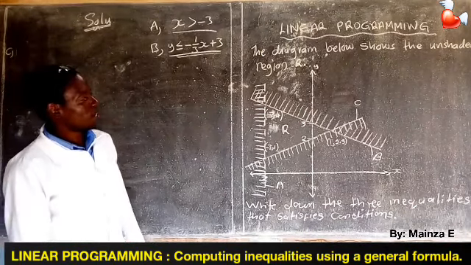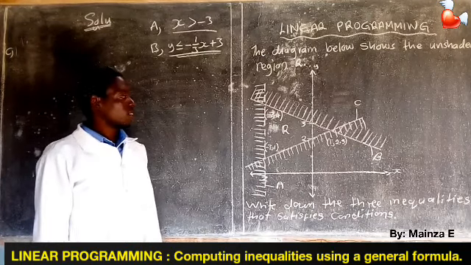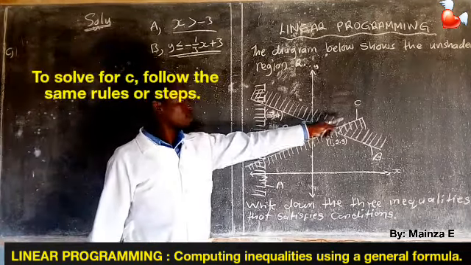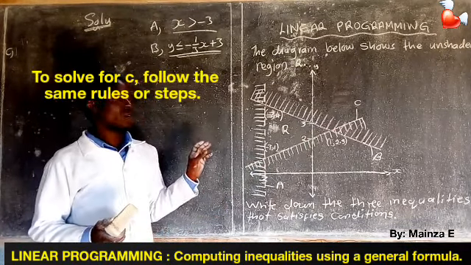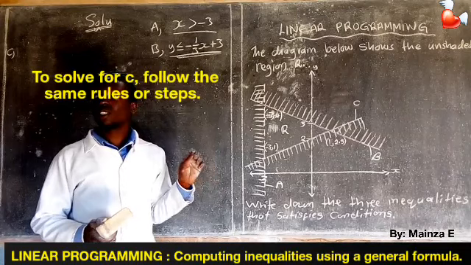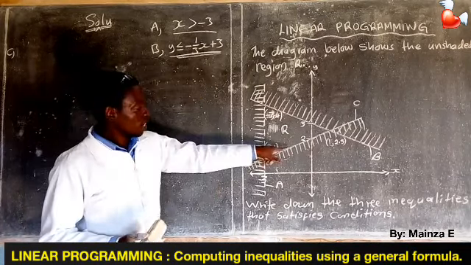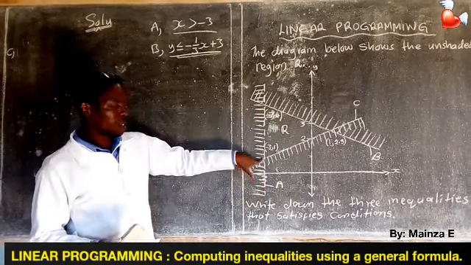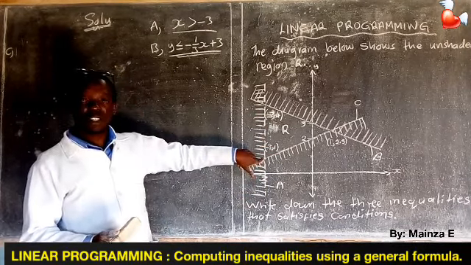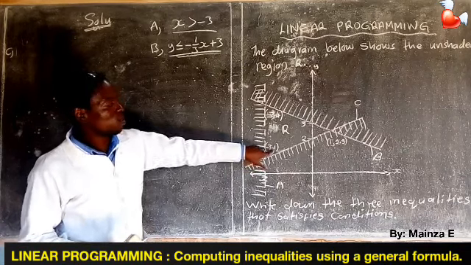So we have the last part, C. C is this line. So like I said, just check where you can get coordinates easily. This line is intersecting with this line at this point. And the coordinates here are negative 3, 1.